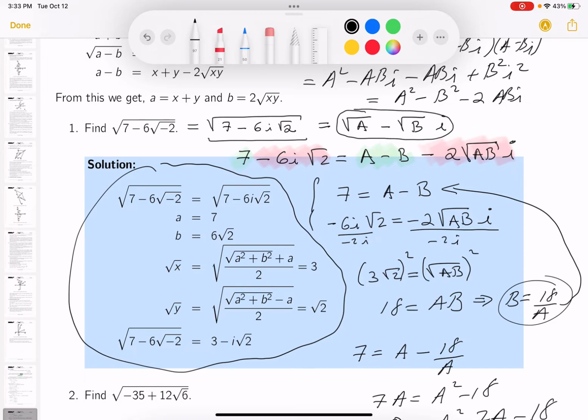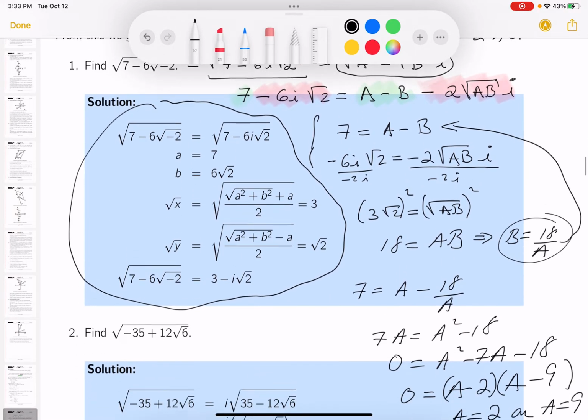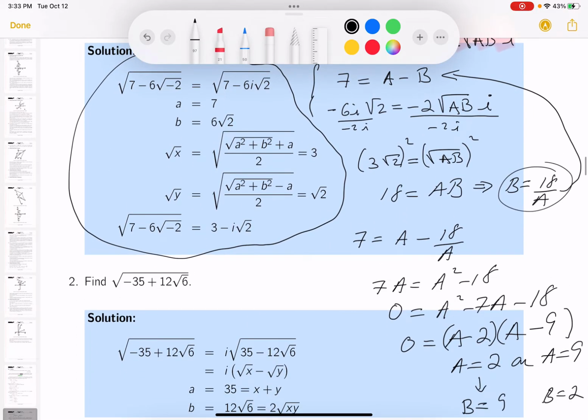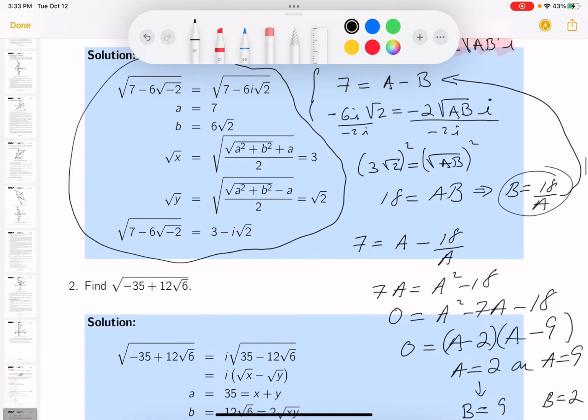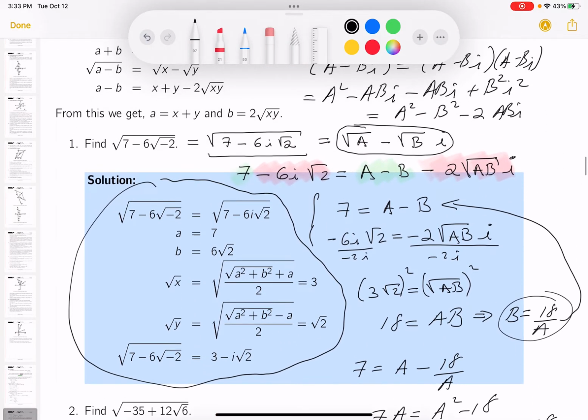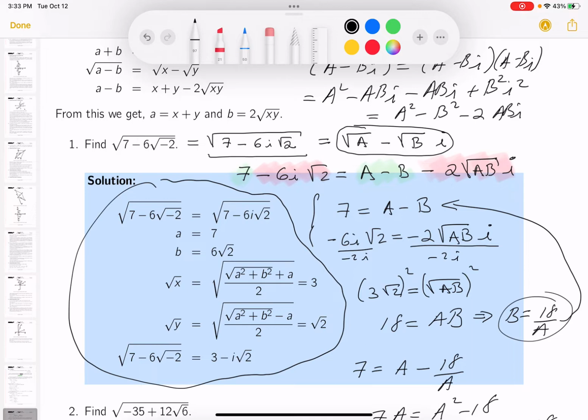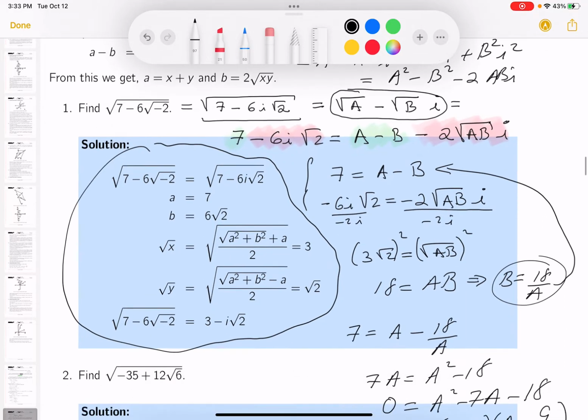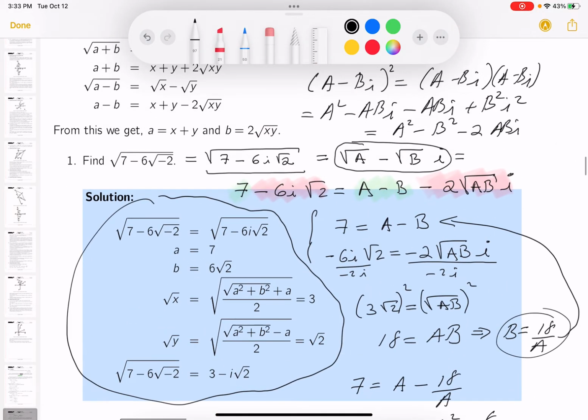I want to point out this is a principal root. Now, what does that mean? I'm looking for a solution that would give me the principal root. And let's take a look at that. Let's write this down. A is 9. I'll write this over here.